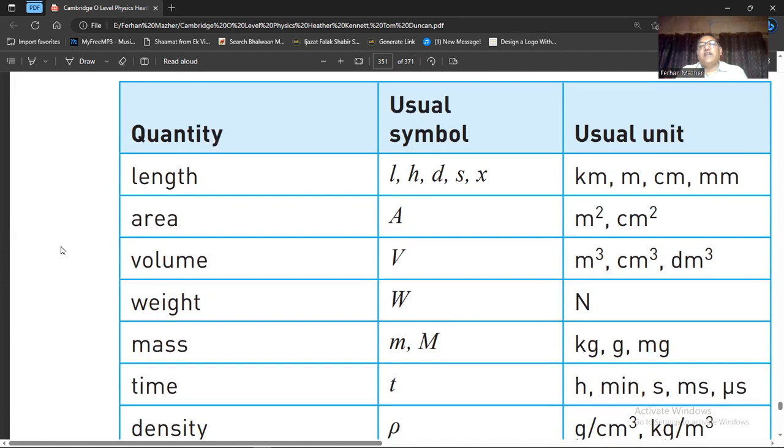Weight is represented with the capital W. It is measured in Newton, and its symbol is N. Mass, sometimes we represent it with the small m, sometimes with the capital M, and its units are kg, sometimes gram, sometimes milligram. Time is represented with a small t, sometimes in hours, sometimes in minutes, sometimes in seconds, sometimes in milliseconds, and sometimes in microseconds.